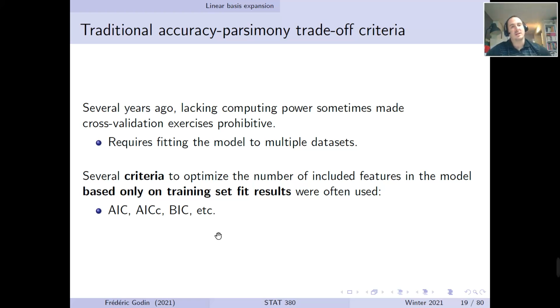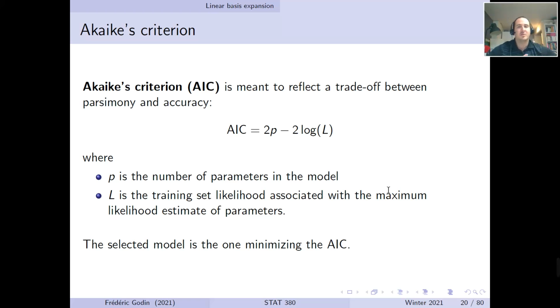So to select the suitable amount of flexibility for a model, this criterion suggests using the one that is not the most accurate in sample, but rather that offers the best accuracy-parsimony trade-off. Okay, so we'll illustrate how they work.